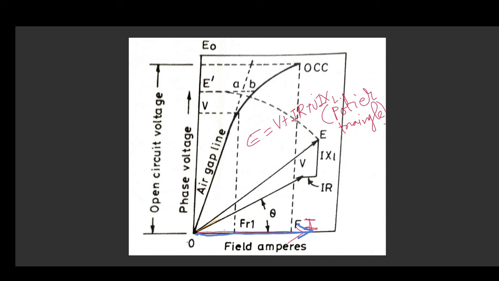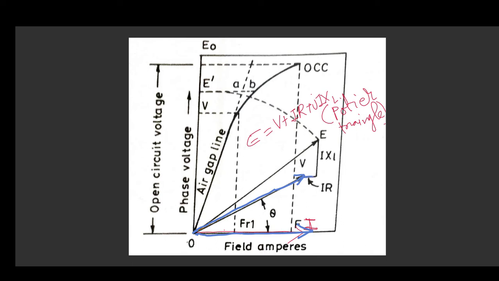Now what we are doing here is that we are trying to draw our V. So how to obtain this V? See, here this current is our reference. Now as per our scale, we have drawn this OV, correct?